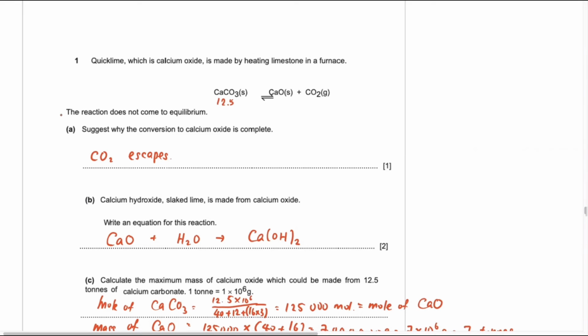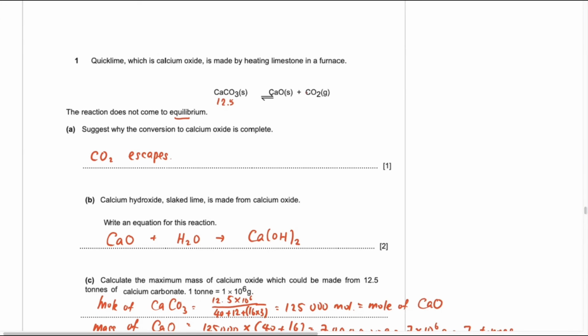That's why this sentence makes sense here. The reaction does not come to equilibrium. Equilibrium is achieved when the forward reaction and the backward reaction happen at the same rate. So for this situation, it doesn't happen because only the forward reaction happens. Once the reaction happens in the forward direction, then it doesn't go backwards.